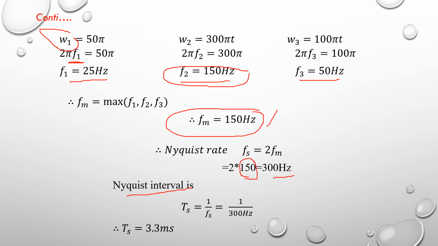The sampling frequency is equal to 300 hertz, and using this we find the time interval. Ts is equal to 1 divided by fs, and fs is equal to 300 hertz, so it is equal to 1 divided by 300 hertz. Calculating this, we get the interval equal to 3.3 milliseconds.